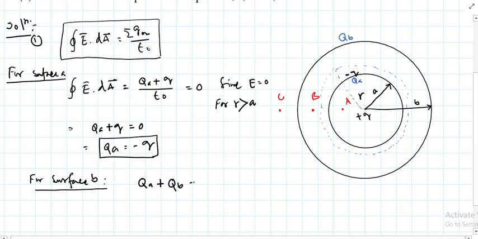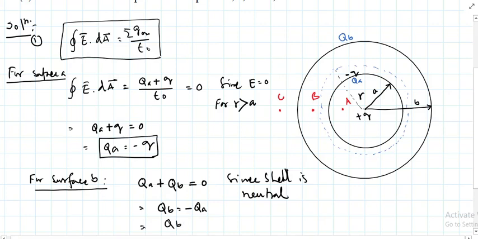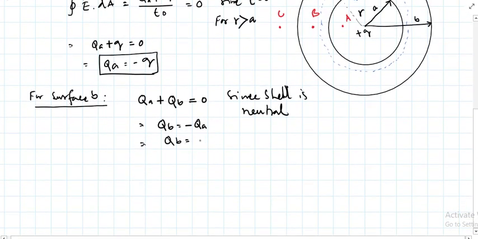That must also be equal to 0, since the shell is neutral. Then Qb would be minus Qa, which is the negative of minus q, so Qb is going to be plus q.